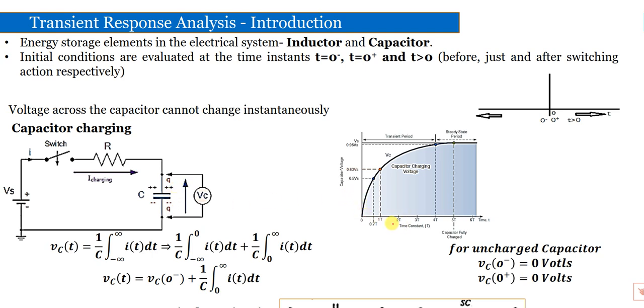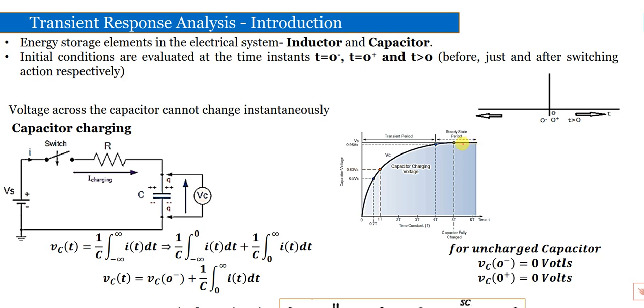You can see the charging of the capacitance. The x-axis is time constant tau, and the output is Vs. This period is called the transient period, where the capacitor starts from 0 and reaches approximately 98% of Vs, and this is where steady state is reached.